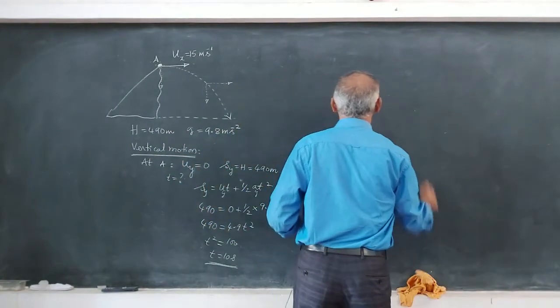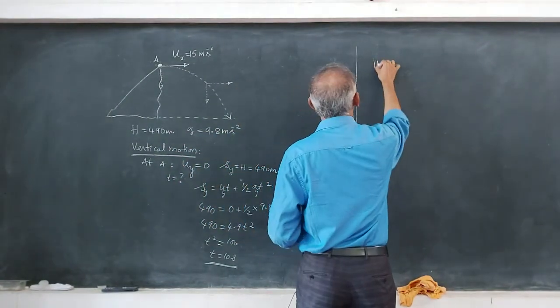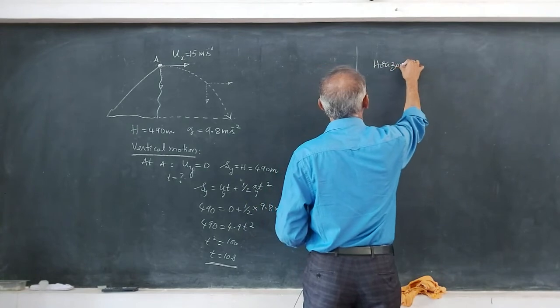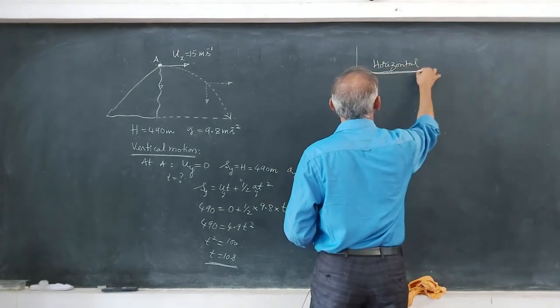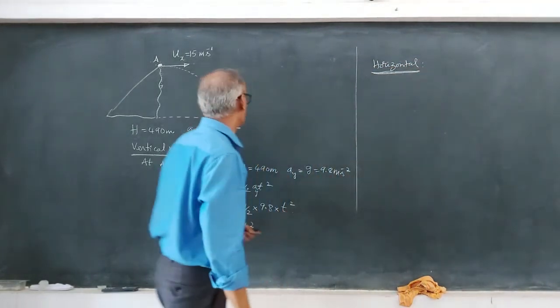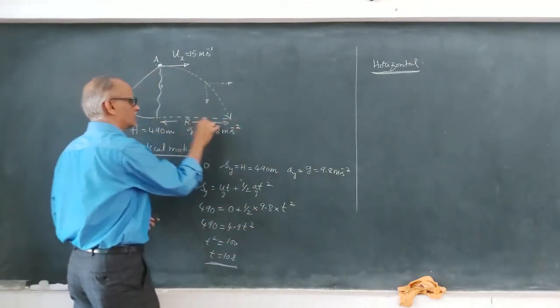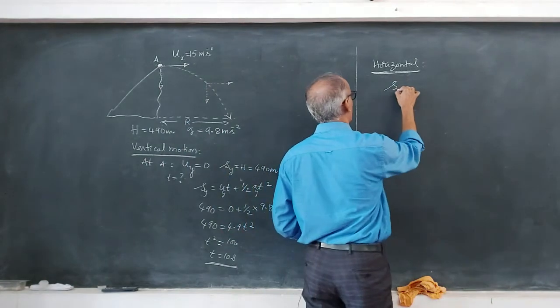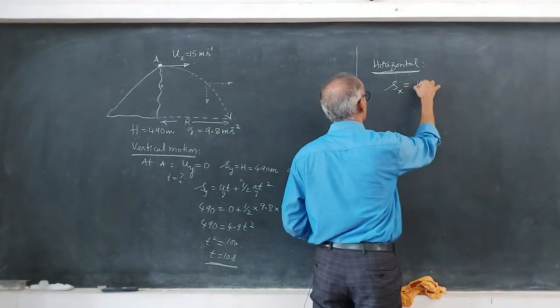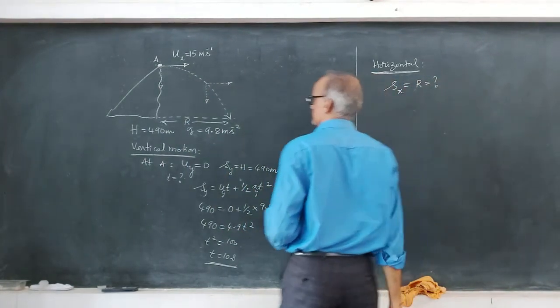Now let us consider the horizontal motion along the horizontal. So what is the distance covered? That is to be calculated, where it falls. So distance along the horizontal is r, that is to be calculated.